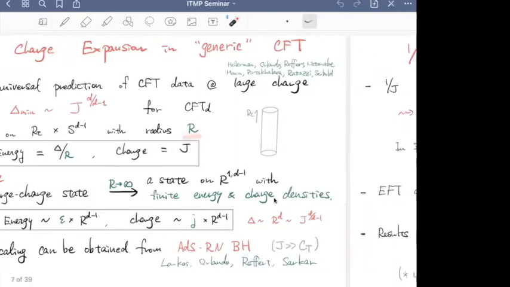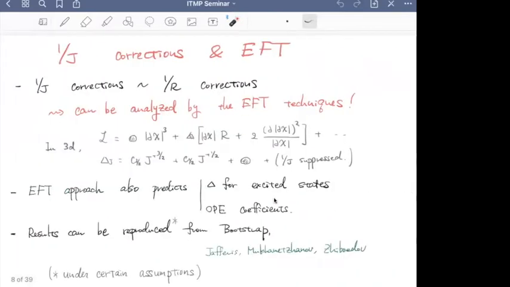So it essentially corresponds to a higher derivative correction, or a correction with respect to the size of the sphere. Because of that, the 1 over J correction can be analyzed using effective field theory techniques. So for instance, in 3 dimensions, people analyzed what kind of terms you can write for the large charge effective field theory.